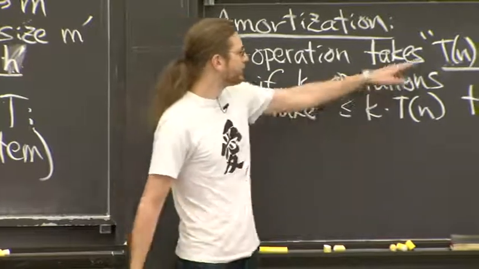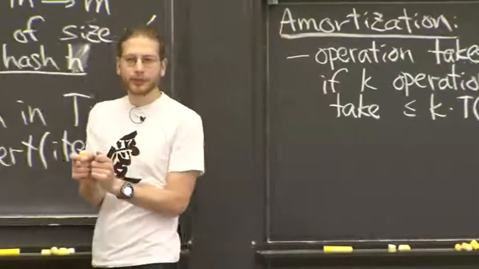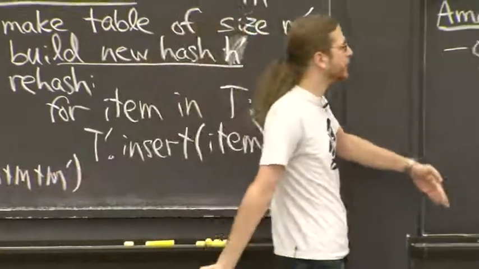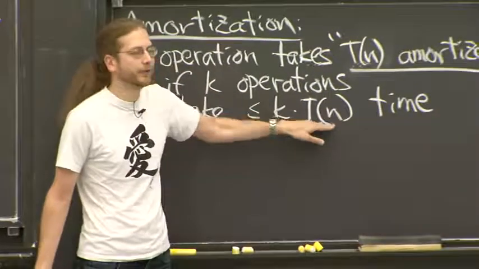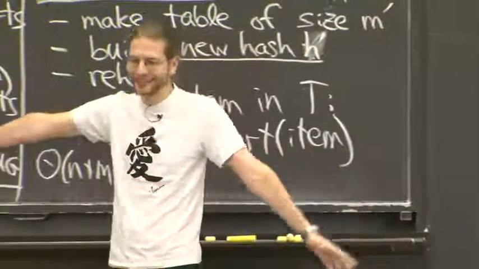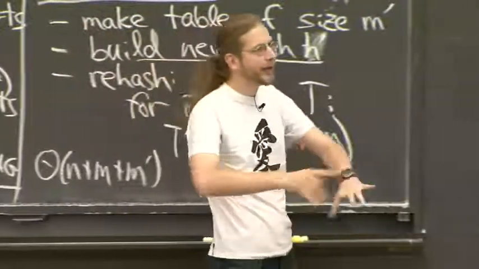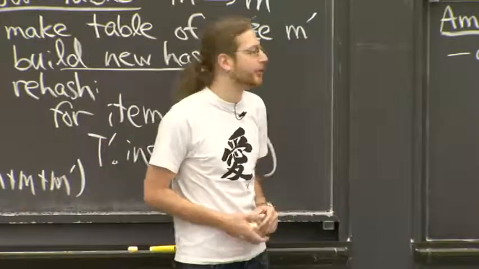And what that means is that it's not any statement about the individual running time of the operations. It's saying if you do a whole bunch of operations, k of them, then the total running time is at most k times T of n. This is a way to amortize. This is in the economic sense of amortize, I guess. You spread out the high costs so that it's cheap on average all the time.